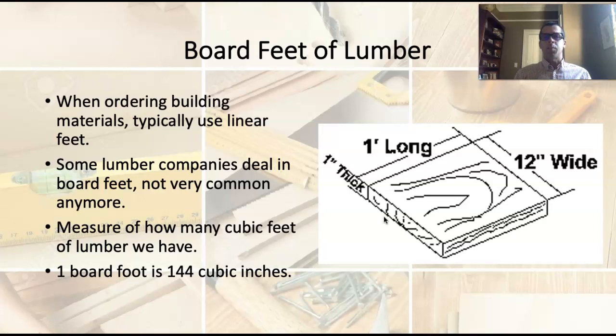If we took that same piece of wood, 12 inches wide, 1 foot long, except now it is 2 inches thick, we have 2 board feet of lumber. Or if we make it 2 feet wide, or 2 feet long. Let's say we had a board that was 2 feet long, 6 inches wide, and 1 inch thick. That would also be one board foot.